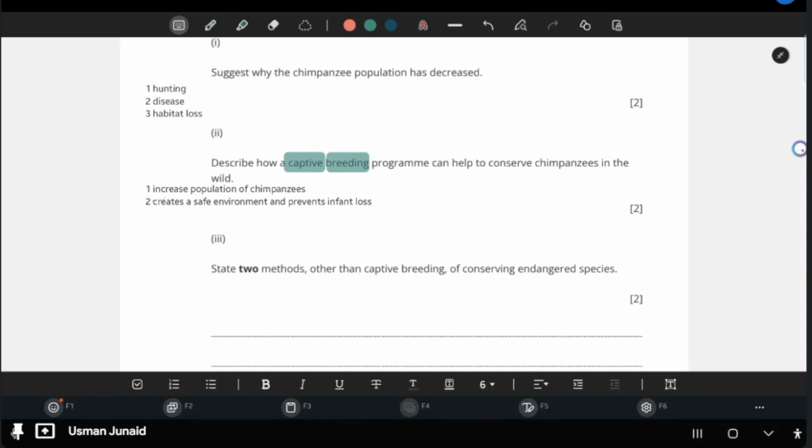It means dying right after birth or not reaching your adult age, right? So it prevents infant loss, and these can be introduced to the wild as adults.